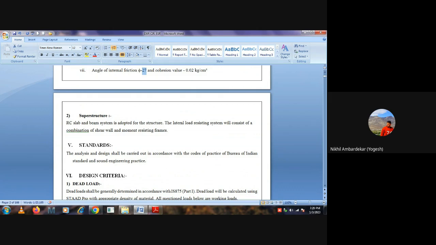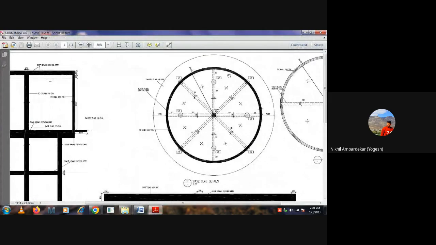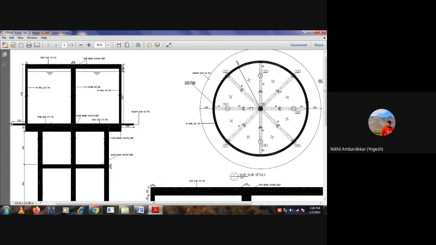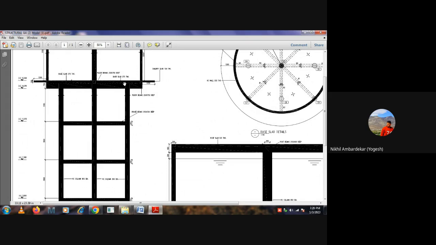So what happened? If I go back to the drawing, this entire external wall of the tank will act as a shear wall, correct? It's a uniformly cast single wall acting as a shear wall, and below this shear wall it is again supported on this RCC frame.